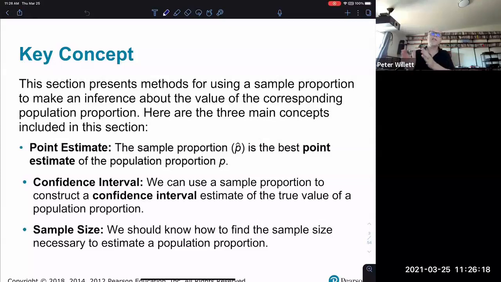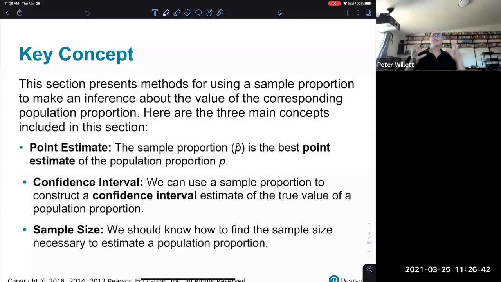So I would be giving an interval of values that the actual population proportion calling themselves Democrats is between 28% and 32%, and that I'm 95% sure of that. That's an example of a confidence interval. And we'll define it very clearly. We'll show you what it means, how it's calculated, things like that.